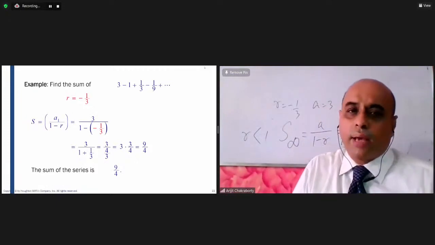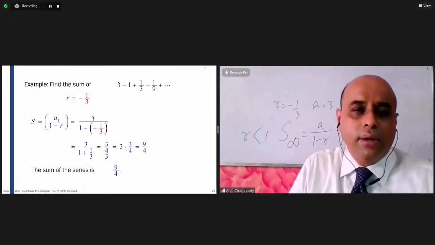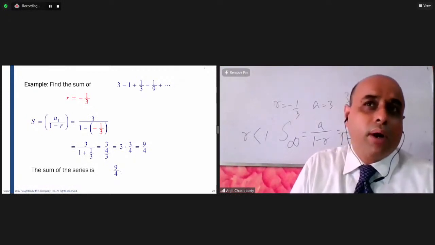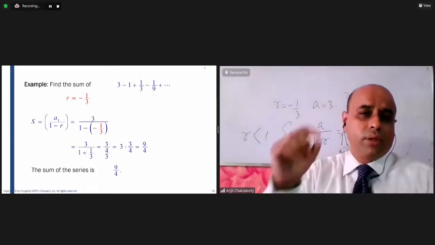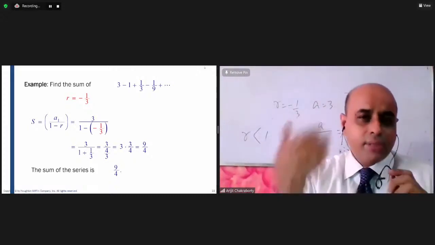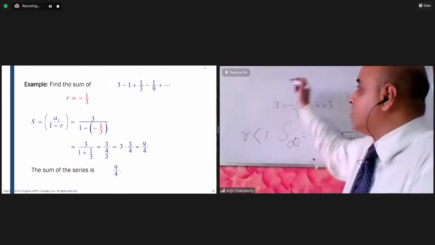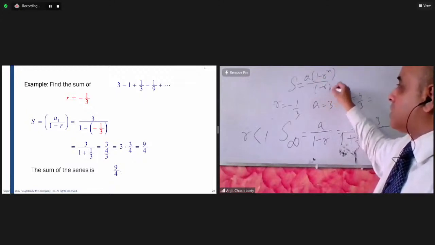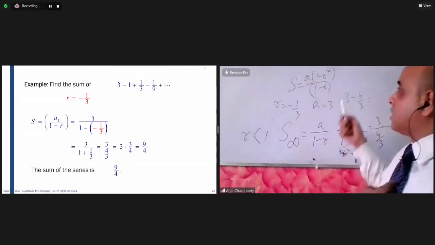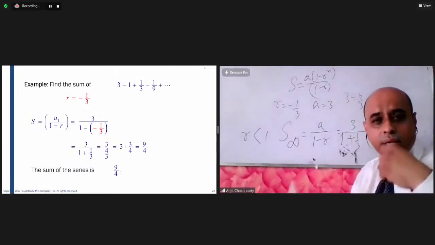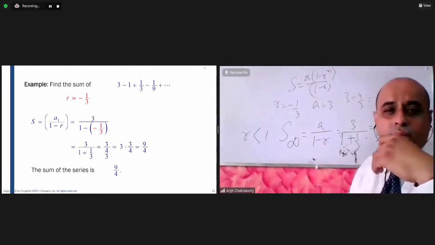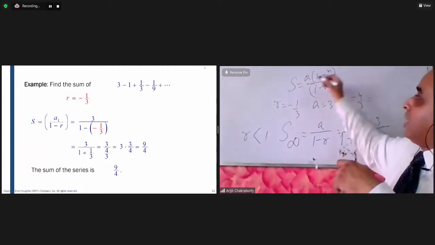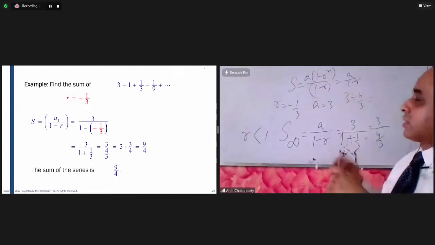In the formula S equals a into 1 minus r to the power n by 1 minus r, as n becomes bigger and bigger, ultimately this value approximates to a divided by 1 minus r.